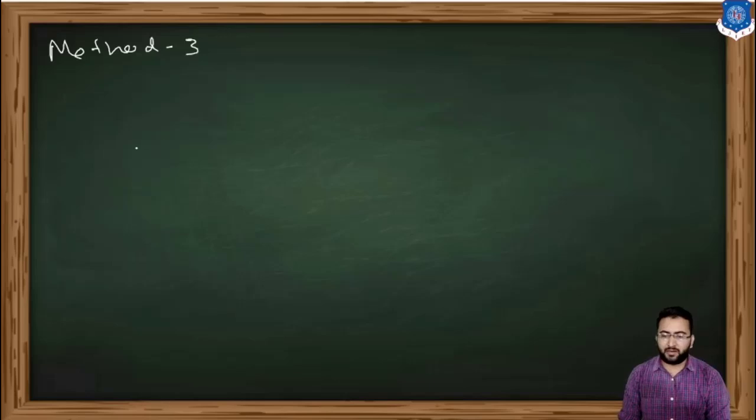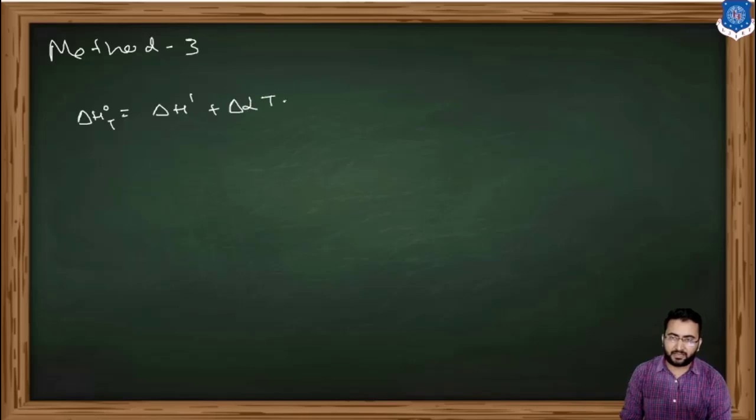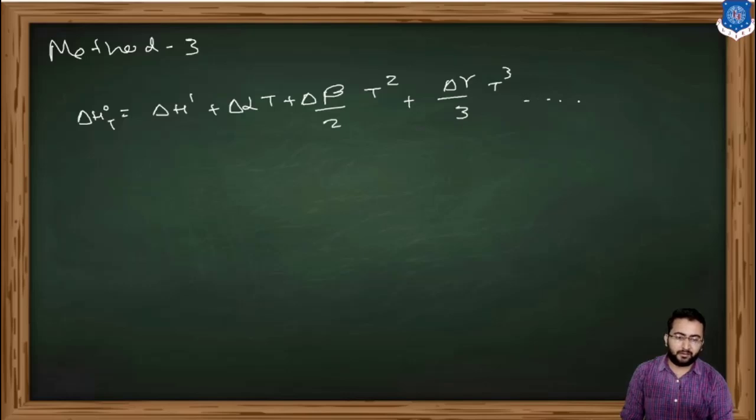Then our delta H naught at T becomes delta H dash plus delta alpha T plus delta beta T square upon 2 plus delta gamma T cube upon 3 and so on.